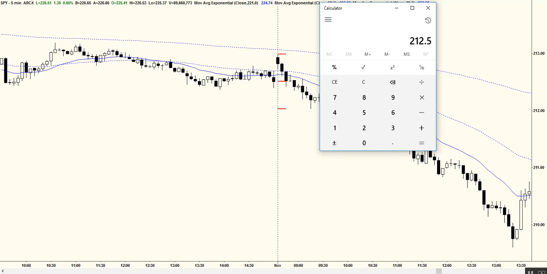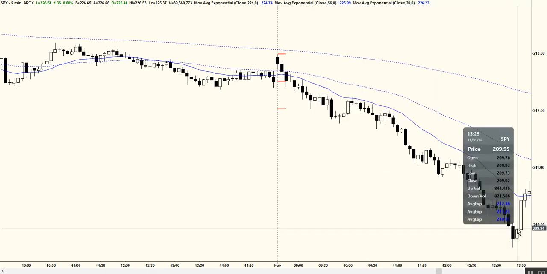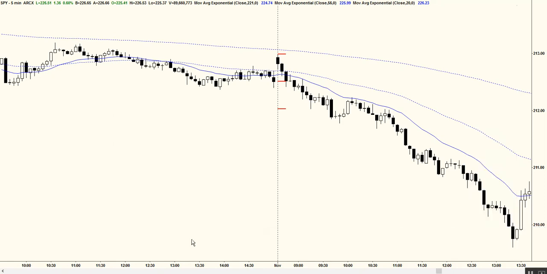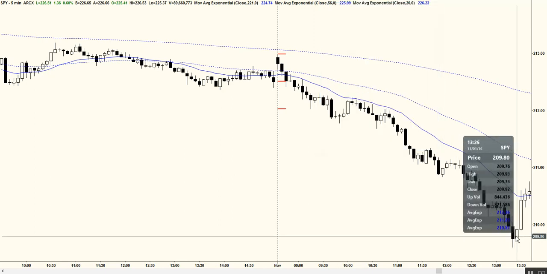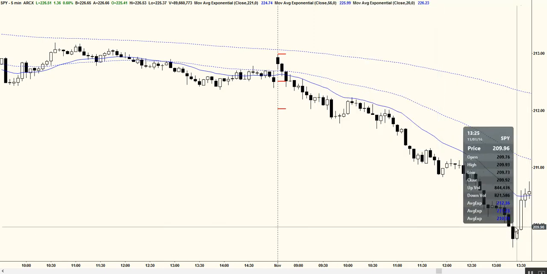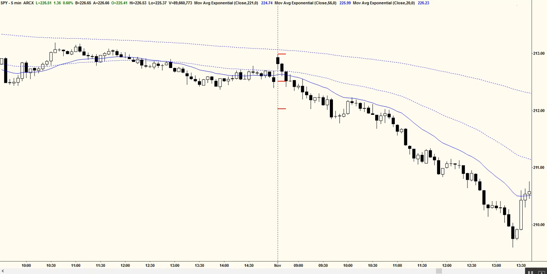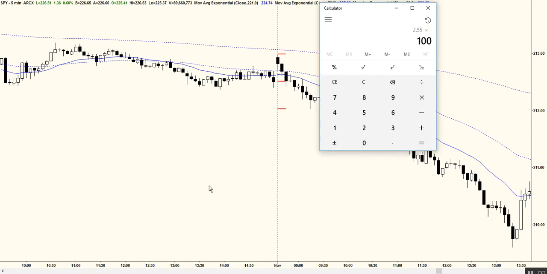I know it was 212.51, but let's just make it simple. We got out one or two ticks above at 209.95. Okay, yeah, so it's $255 plus the other 50. That's $305 on 200 shares.